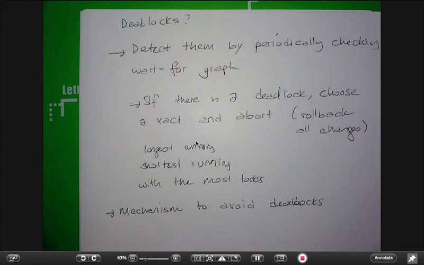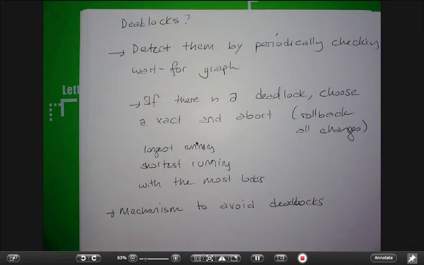So if you never wait for another older transaction, as soon as you need that lock that somebody older is holding, you just abort that transaction. So this way you can never have deadlocks. But you're going to have more aborts, and then you're going to basically have many restarts. So you're going to have less concurrency, but you will never have to check for deadlocks.